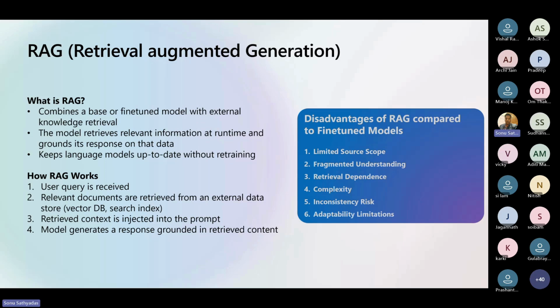Or you can use the RAG, that is retrieval augmented generation, which is going to use a vector database as a reference data source. So whenever the query comes, it will search the vector database, find the matching answer and then generate the responses.